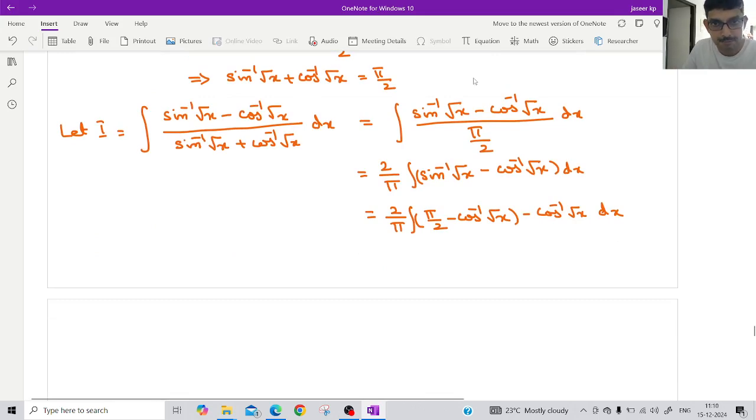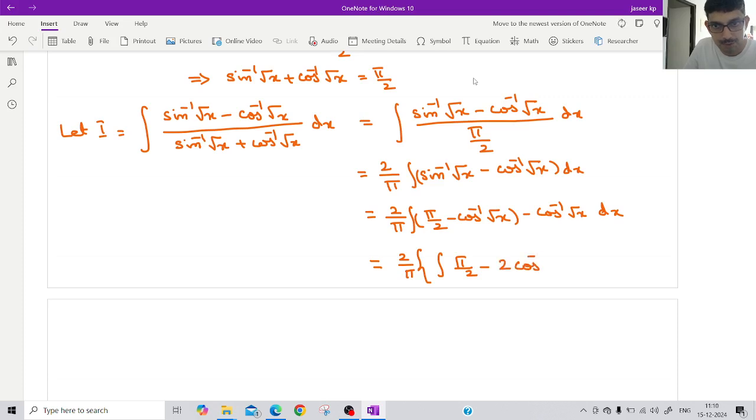So this will become 2 by pi, then integral of pi by 2 minus 2 cos inverse root x dx.